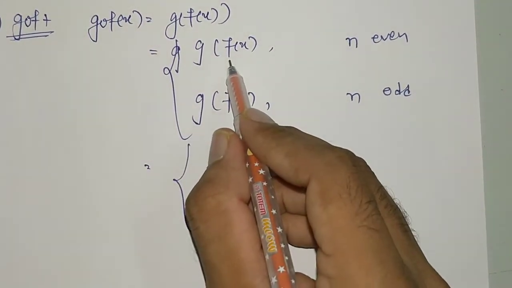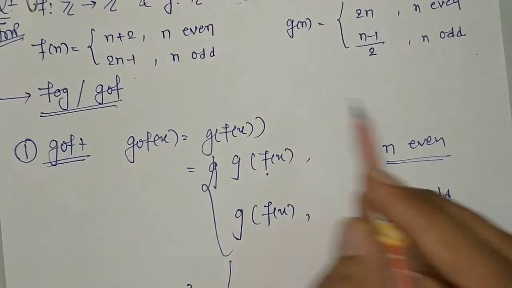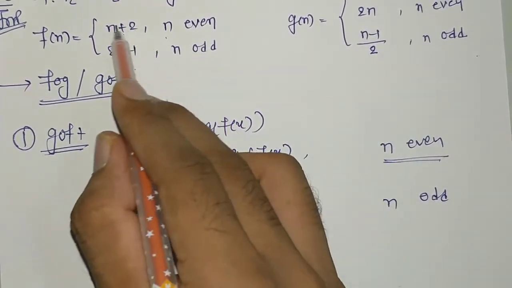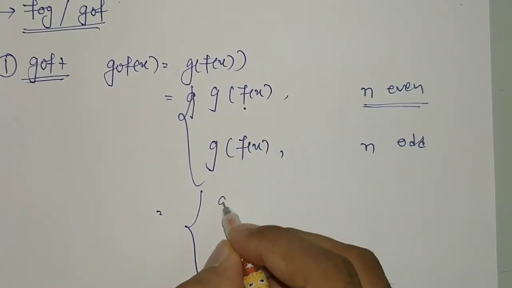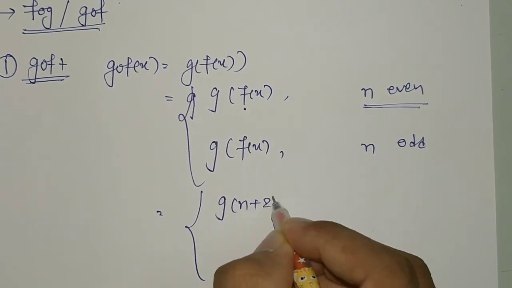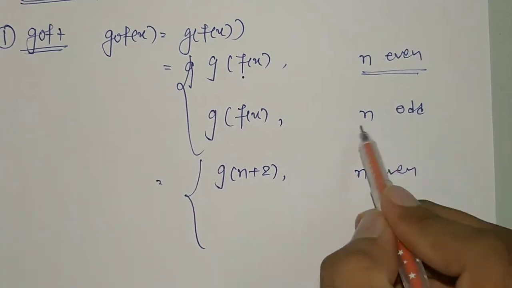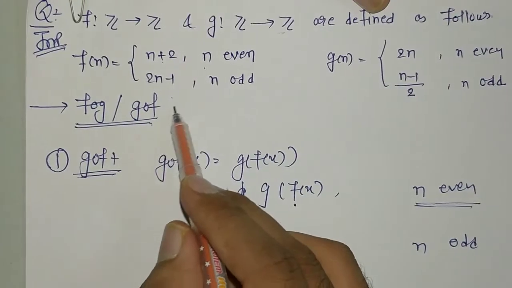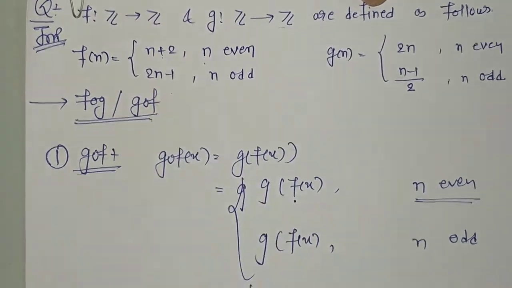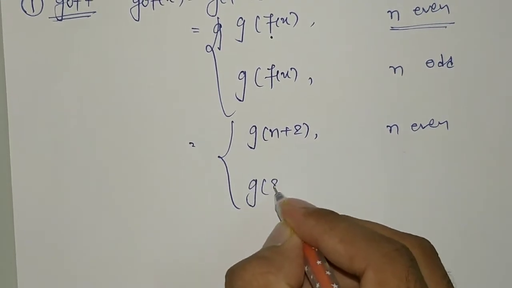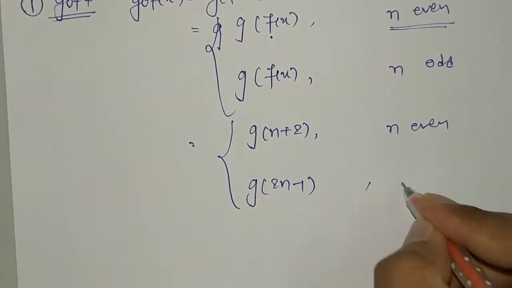When n is even, f of x is n plus 2, so we write g of n plus 2, n is even. And when n is odd, f of x is 2n minus 1, so g of 2n minus 1, n is odd.